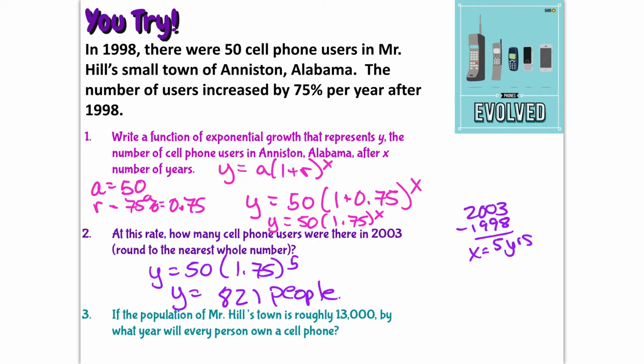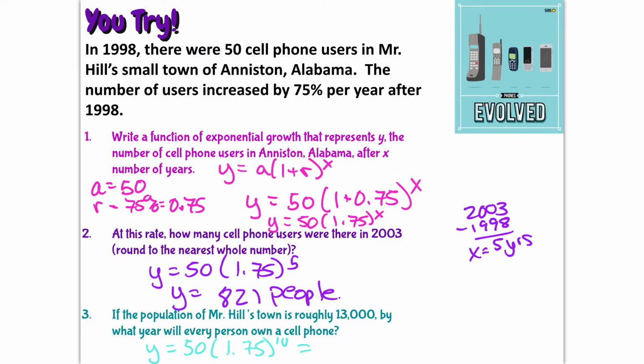So then the next question asks, if the population of Mr. Hill's town is roughly 13,000, by what year will every person own a cell phone? Because you don't learn logarithms until Math 2 or 3, you're going to solve this by just plugging in numbers for your x. So let's just try it. y is equal to 50 times 1.75 to the, let's do 10th power. After 10 years, maybe every person owned a phone. That would be 2008. Hopefully. Let's try it out in our calculator.